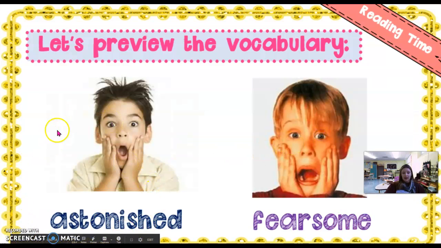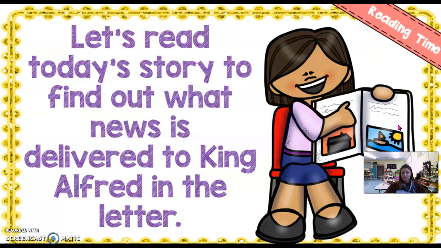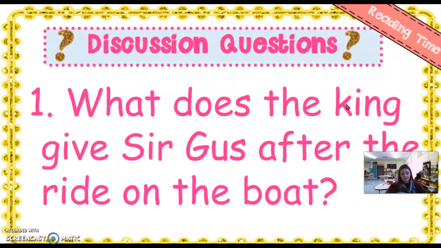Number 4, astonished, means you are completely surprised. And number 5 is fearsome, which means causing fear or dread. Now we read about the fearsome beast. So you are going to be reading today's story to find out what news is delivered to King Alfred in the letter. You'll read this independently in your Google form.